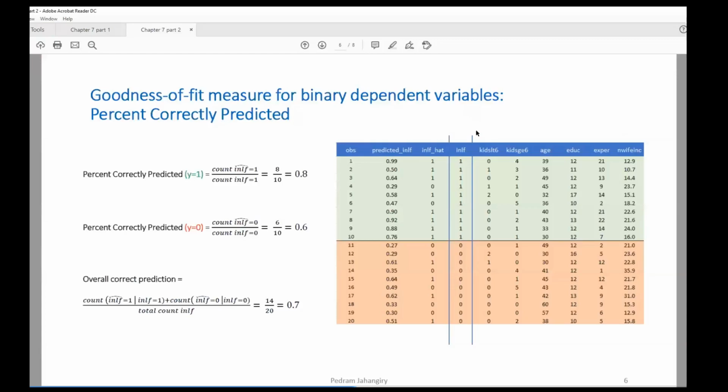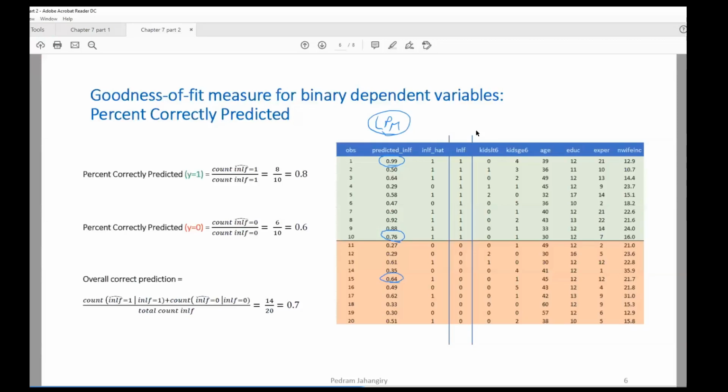Then if I use LPM, the output of the LPM is some probability number. For the first observation, the model is predicting that with 99% probability, she's going to attend the labor force. For the 10th observation, the model is predicting 76% probability. Observation 15 says this lady has a 64% probability of participating in the labor force.